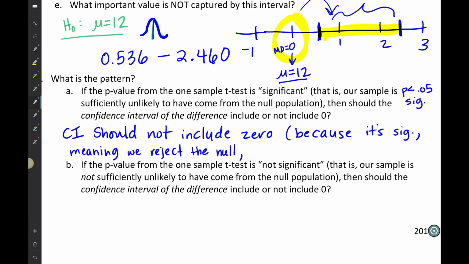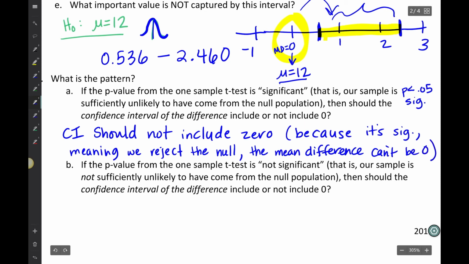So the mean difference, basically we're saying, can't be 0. Right? If we're saying the null is not true and we're rejecting it, then the mean difference can't be 0. There has to be some difference there.